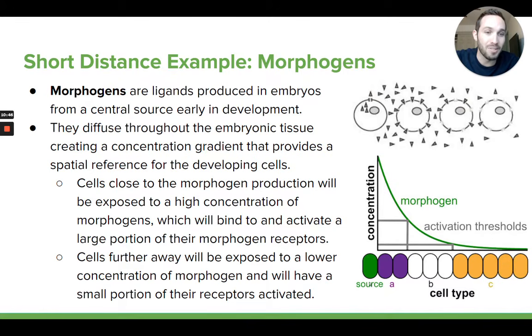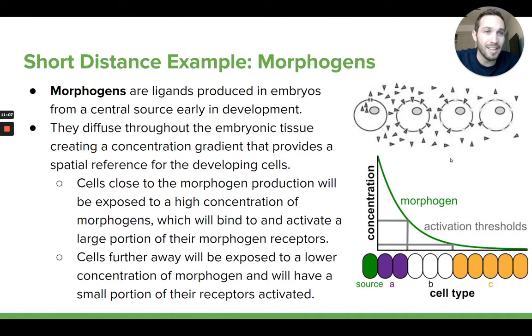So you can kind of see here, here's a graph showing that if you're really close to the source, the person who's making morphogens, you're going to be exposed to a high concentration of morphogens, but as you're further away, you're going to be exposed to a lower and lower concentration. And depending on the concentration of morphogens that you're exposed to, that's going to trigger different outcomes in those cells.